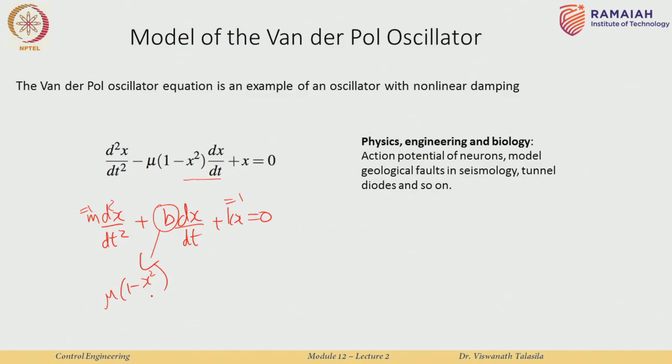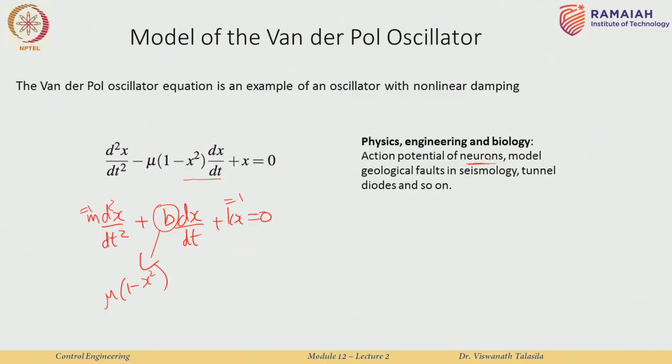It is a nonlinear damping term, and there have been various applications of the van der Pol oscillator. People in biology, when they are studying the behavior of neurons in the brain under certain task related conditions, have shown that you can do the modeling with the van der Pol oscillator. It reasonably agrees with the experimental data as well.